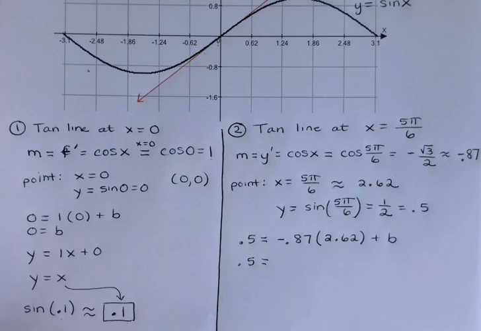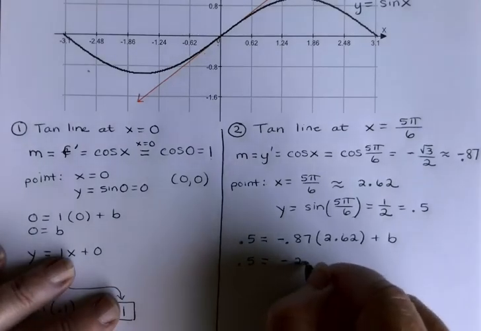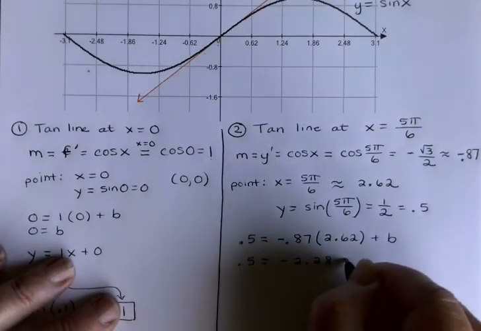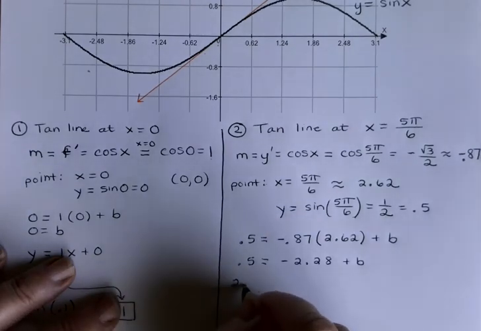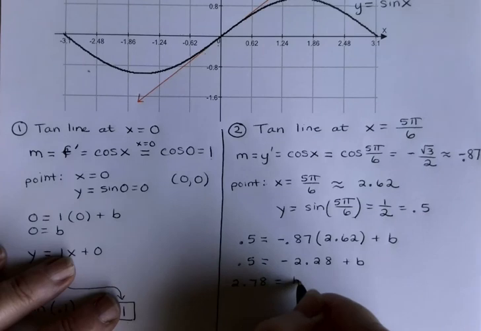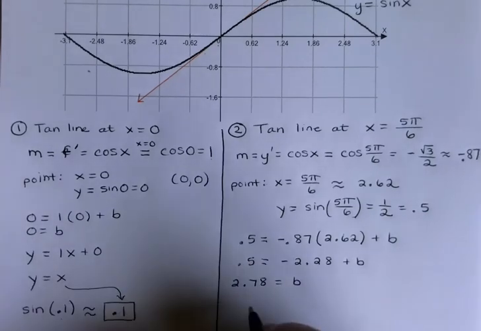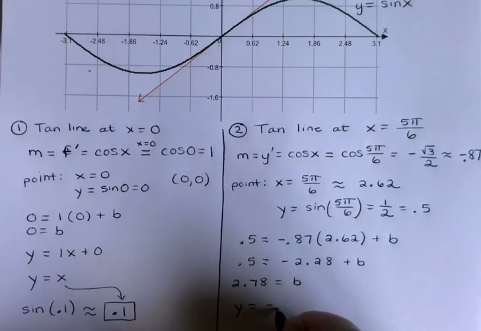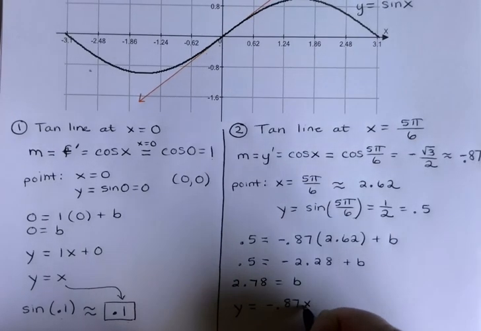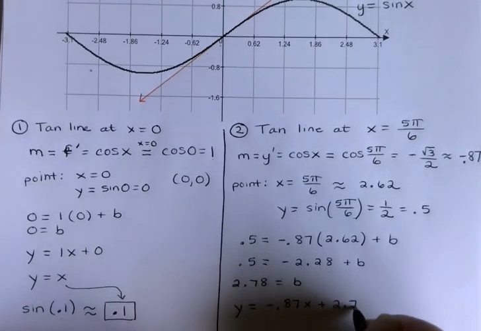That's negative 2.28 plus b. Adding it over, my b value is going to be 2.78. So my linear approximation is y equals negative 0.87x plus 2.78.